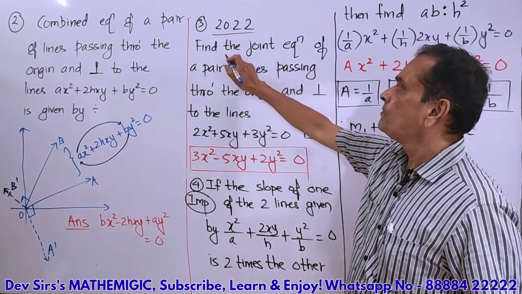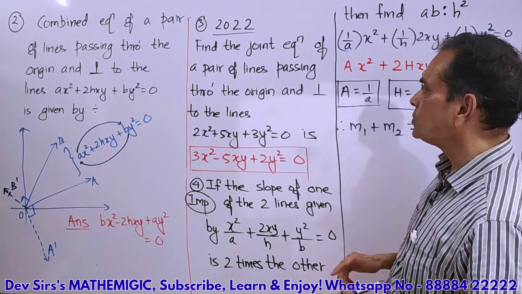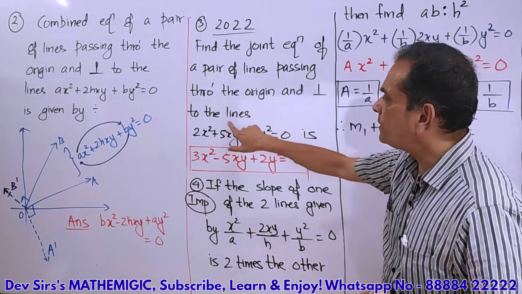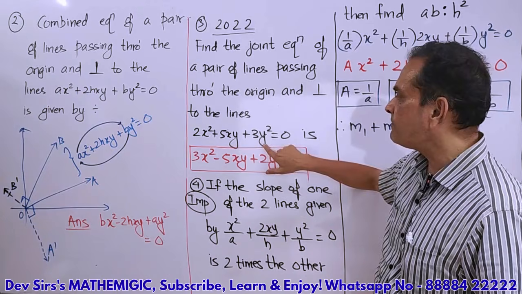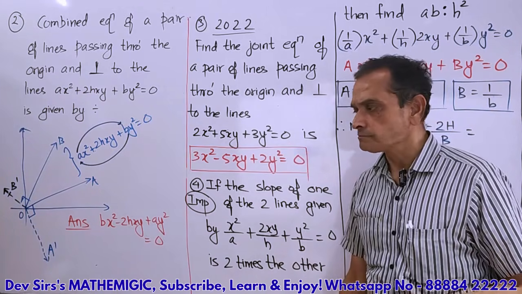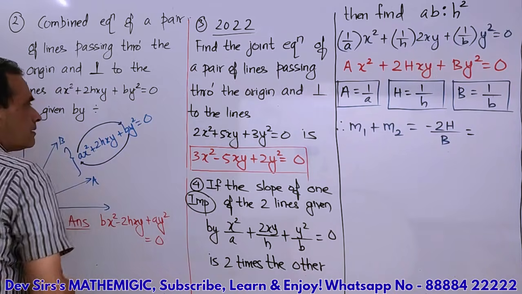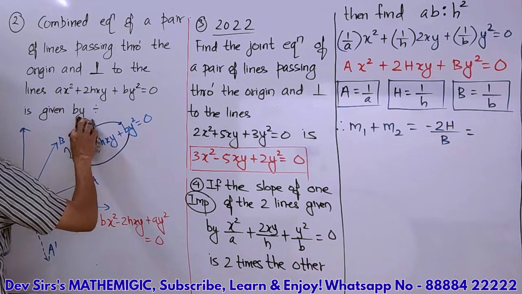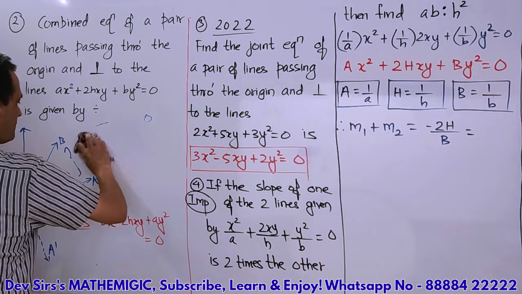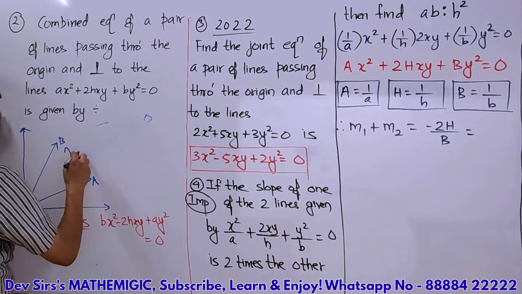Look now, find the joint equation of a pair of lines passing through the origin and perpendicular to the lines 2x squared plus 5xy plus 3y squared equal to 0. Means what? Equation of OA and OB is given. 2x squared.